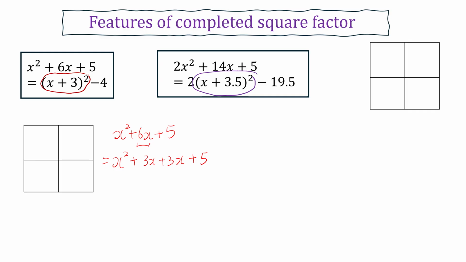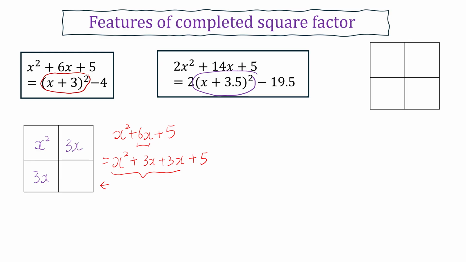And what I'm going to do is fit this term x squared plus 3x into this square here. If you remember the box method we have learned earlier on, completed square method is a continuation from the box method. We're going to put this here, and put this here.